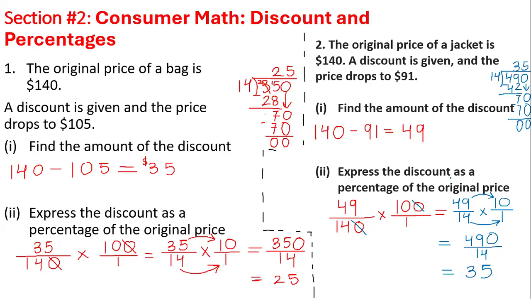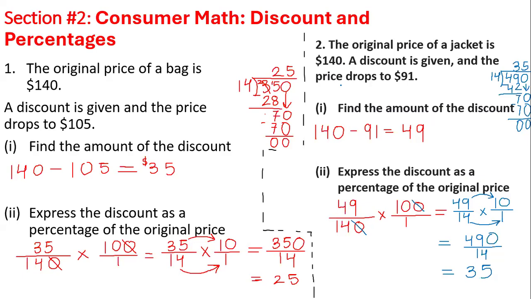49 is the result of the subtraction, which is 140 minus 91. Put 49 over 140, which is the first part of the equation. 100 over 1 represents the part to do the calculation for the percentage. 49 times 100, you take out the zeros, and that is equivalent to 49.